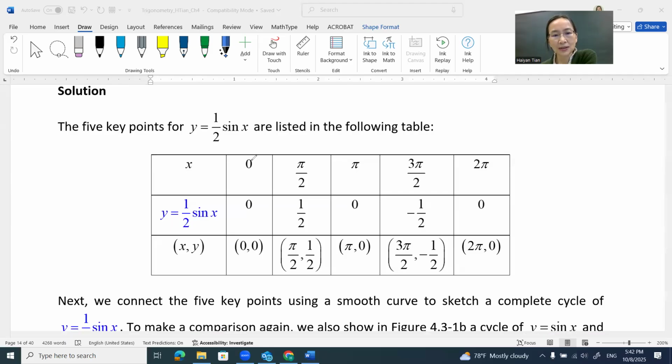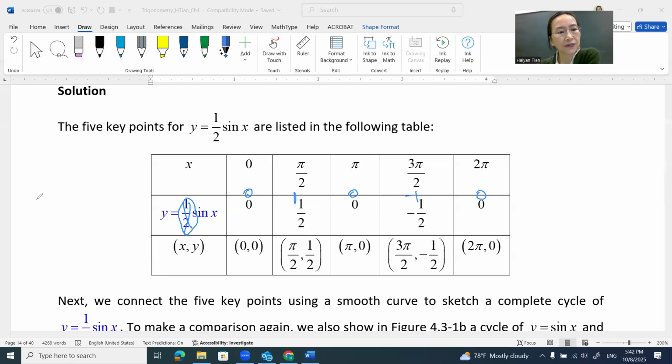For the basic function, imagine without the half, the y values will be 0, 1, 0, -1, 0.